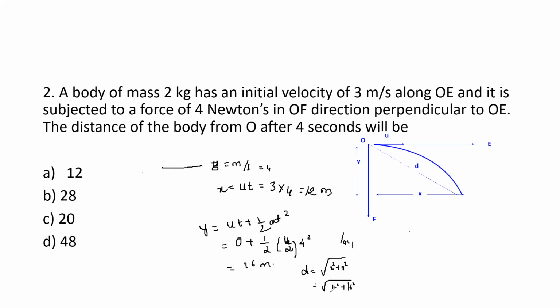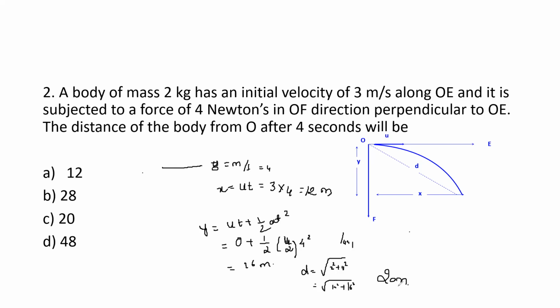If you add both the values, it becomes 400. The square root of 400 is 20 meters. Correct. Therefore, option C is the correct option here.